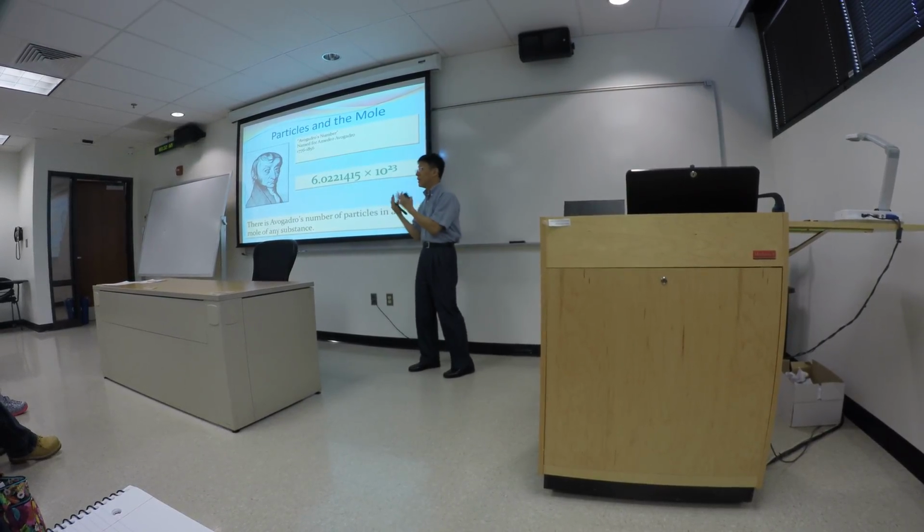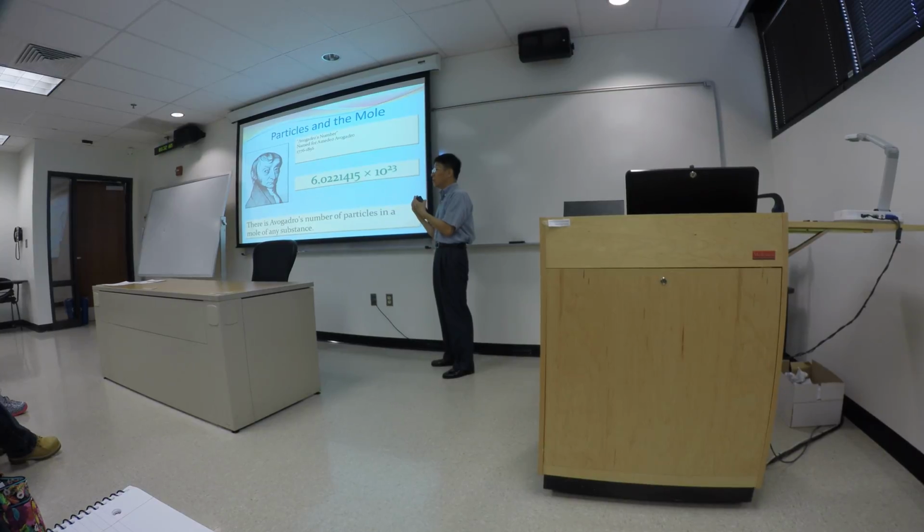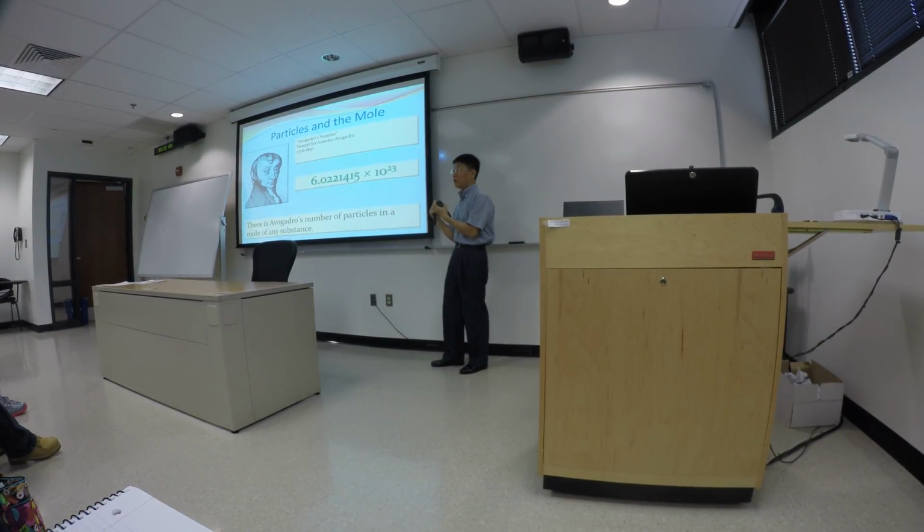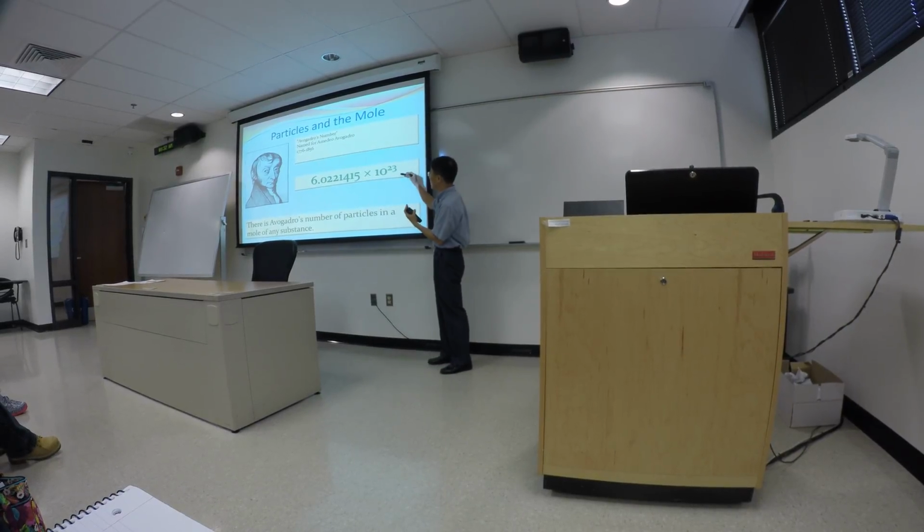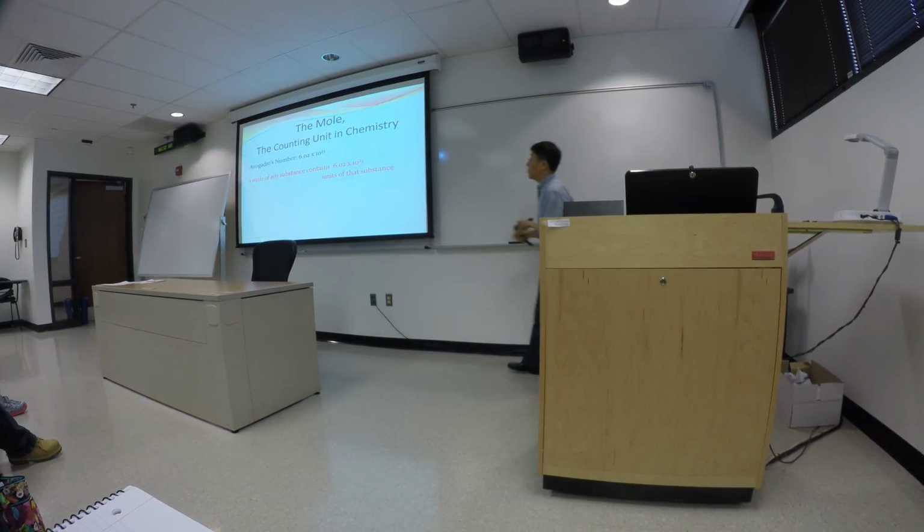Oxygen molecule is a diatomic molecule, O2. So if you have 1 mole of oxygen molecules, you would have 6.02 times 10 to the 23 molecules, O2, as a unit. But the number of atoms there is 2 times that number. Okay, so that's what Avogadro's number is all about.